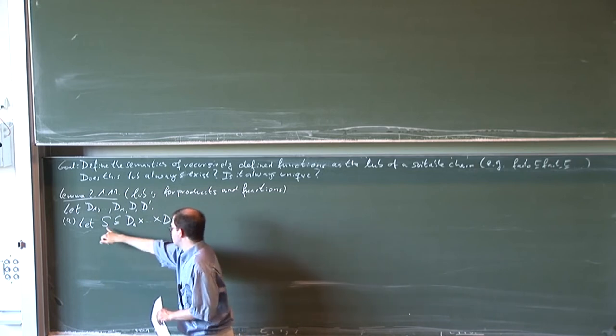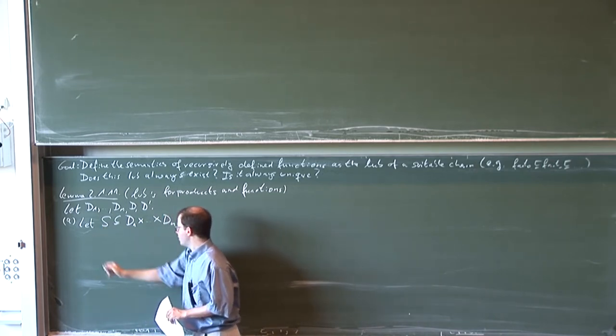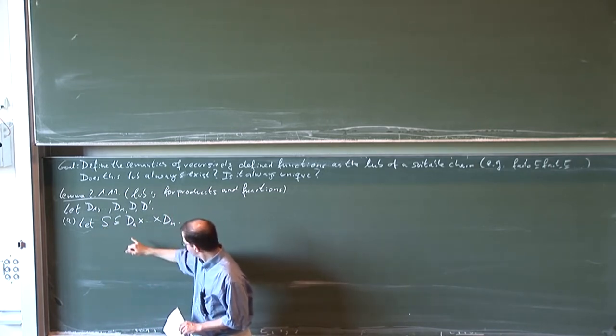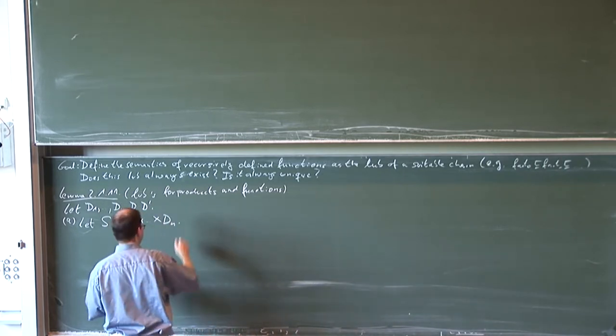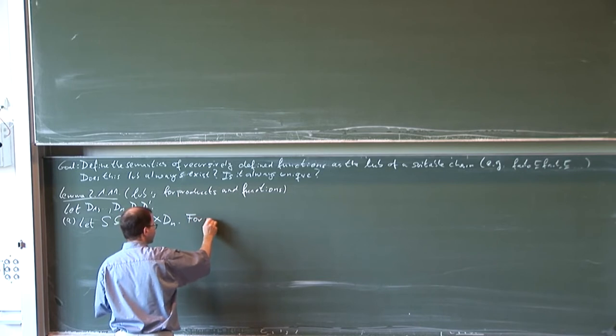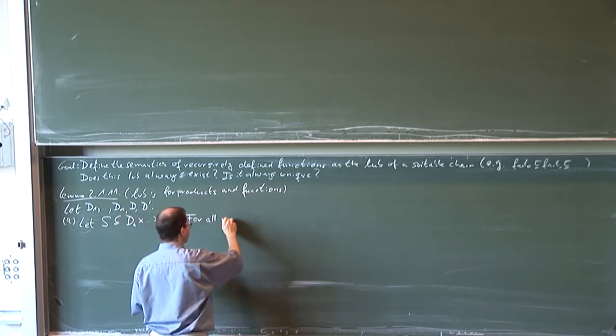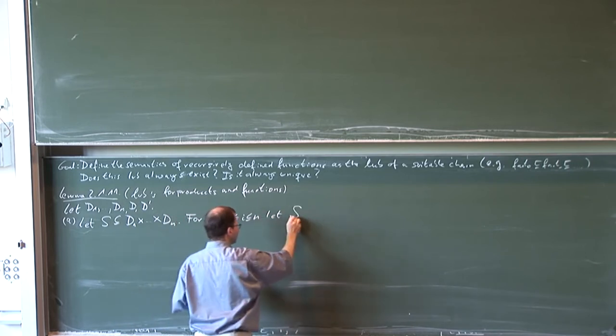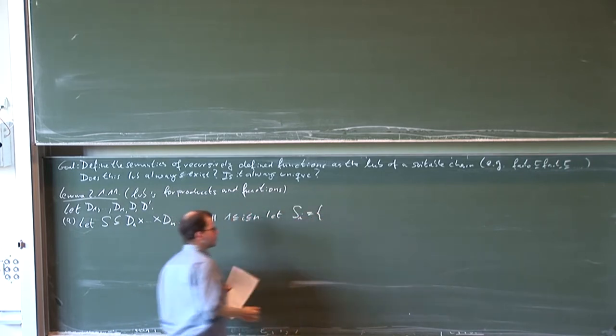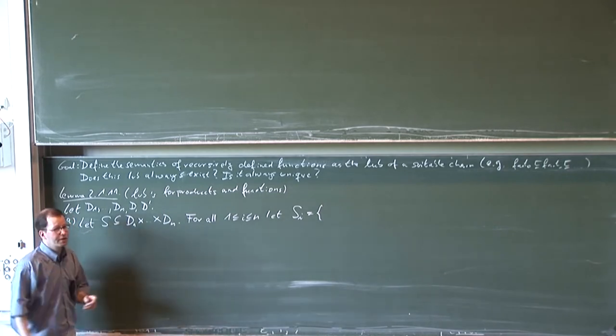We can get this least upper bound of S by looking at the least upper bounds of certain subsets of D1, certain subsets of D2, and certain subsets of Dn. And these subsets look like this. So for all i between 1 and n, we define a set Si, and this is just the projection of S to the ith argument.